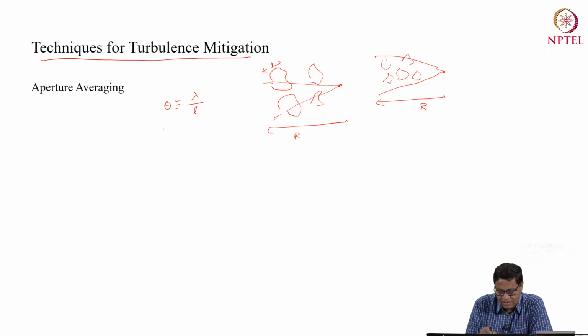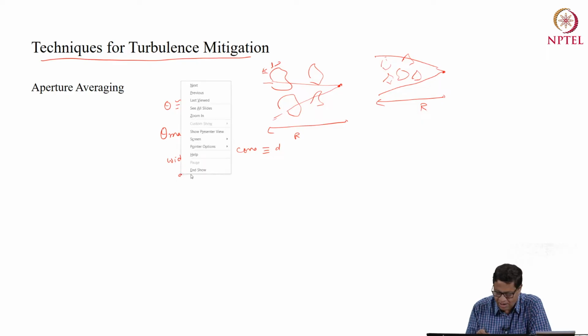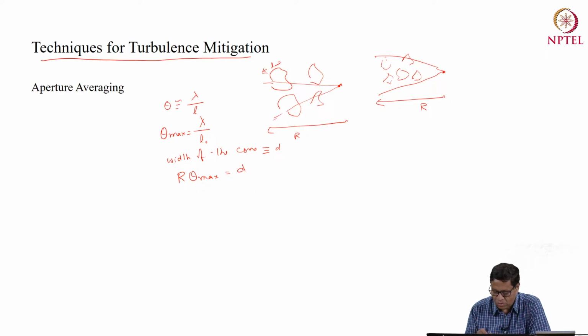The theta max will be governed by the smallest eddy, so it will be lambda divided by L naught, where L naught is the dimension of the smallest eddy. If I designate the width of the cone as D, then D equals R, the range, times theta max. So that is the typical width of the cone.